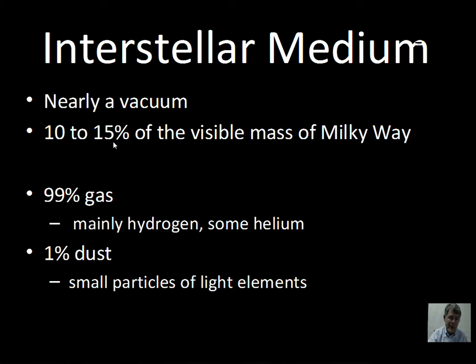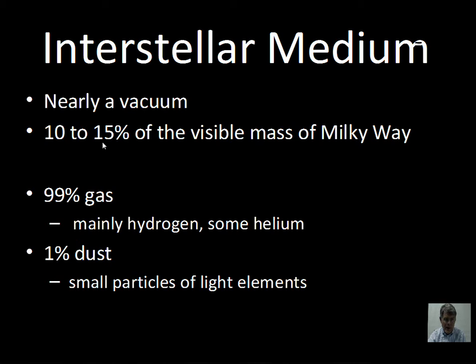There's a lot of space in the Milky Way Galaxy, so even though there's not a lot of material in each cubic meter, there's a lot of cubic meters in our galaxy, and it's on the order of 10% of the mass. So the other 90% would be stars, basically.